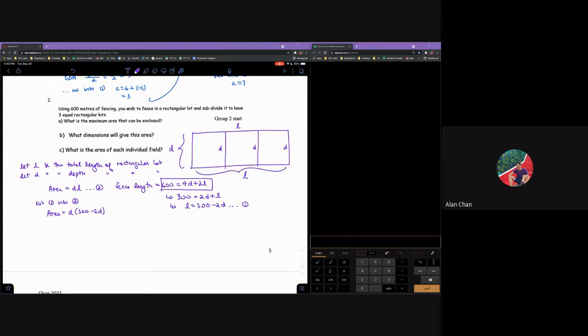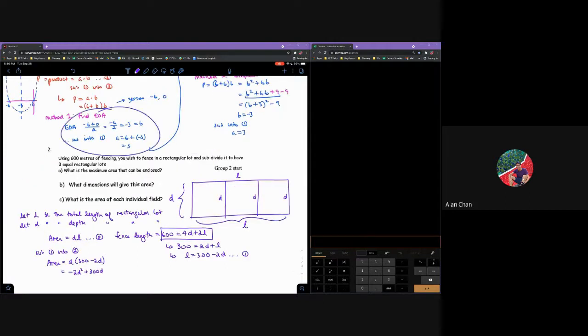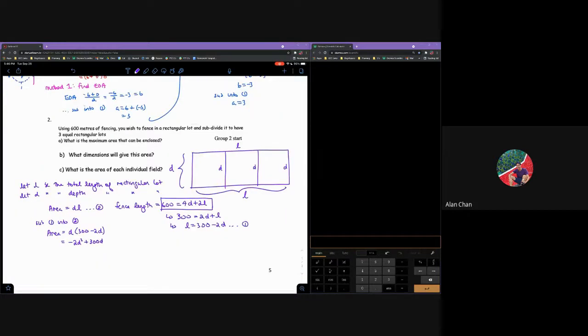If you want, you could expand it and write that out as minus 2D squared plus 300D, and there you can very clearly see that it's opening down. But the reason why I like this form is because it's almost in factored form. And from factored form, we can then find the EOA, as we did earlier. We had factored form, found the EOA, and then substituted that into the equation.